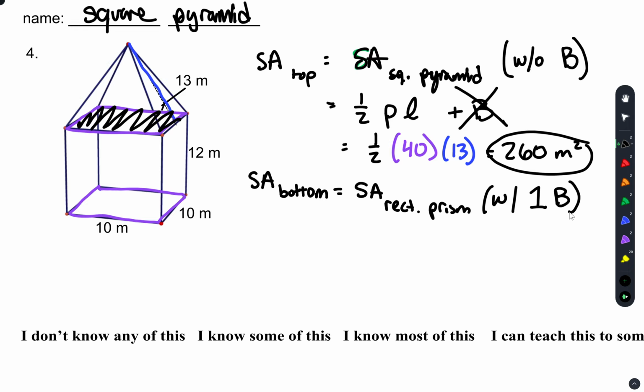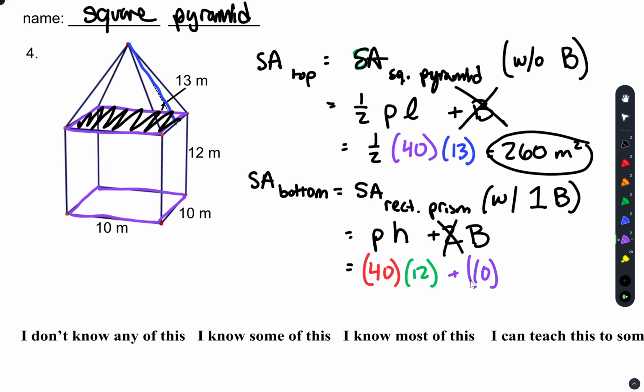Go back to your surface area of a prism formula. It is perimeter times height plus 2b, but we're going to cross out the 2 because we only want one of those b's. So this is the perimeter of the base, 40, times the height, 12, plus 1 base, 10 squared.